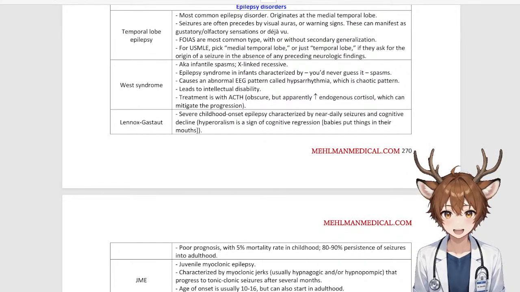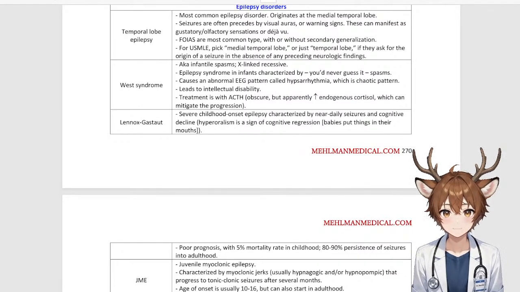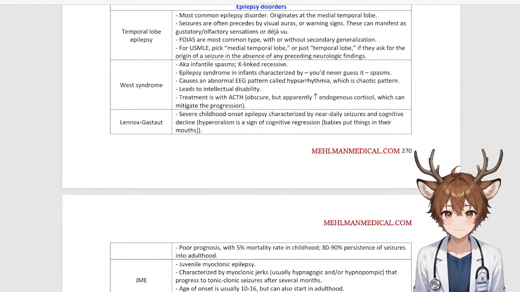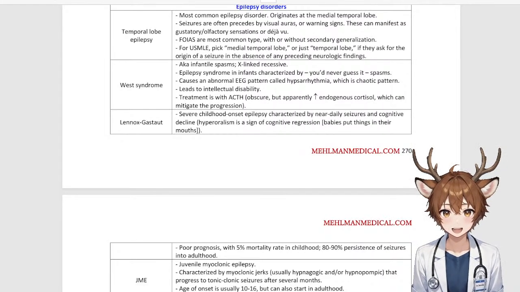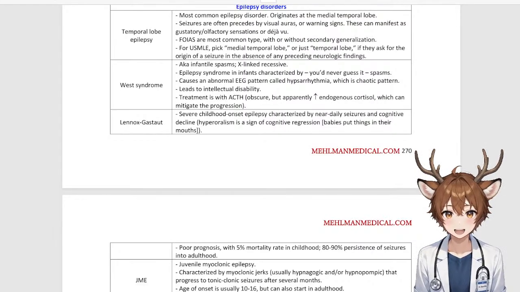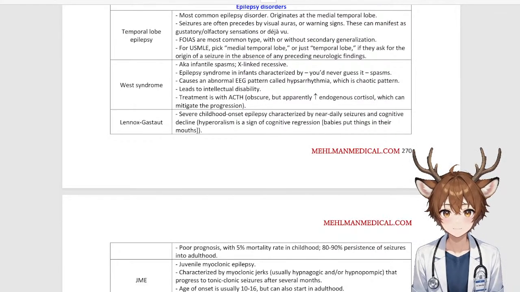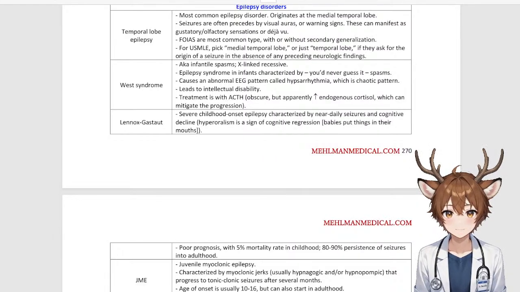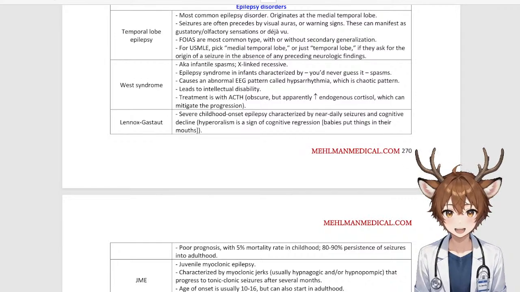So hypnagogic means to induce sleep. Hypnopompic refers to awaking from sleep, or leaving the realm of the sleeping into the realm of the awakened people, I suppose. Anyway, so JME, juvenile myoclonic epilepsy, you will see seizures with both the beginning of sleep and the beginning of awakening.